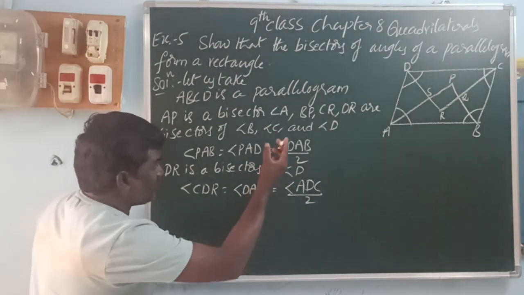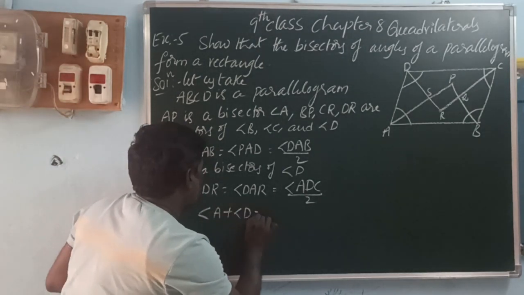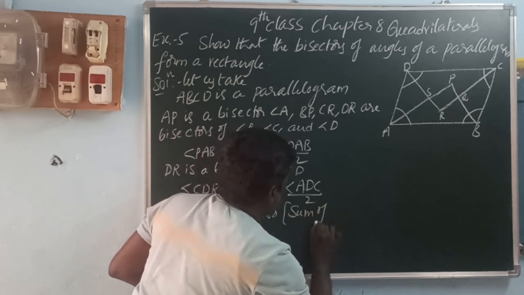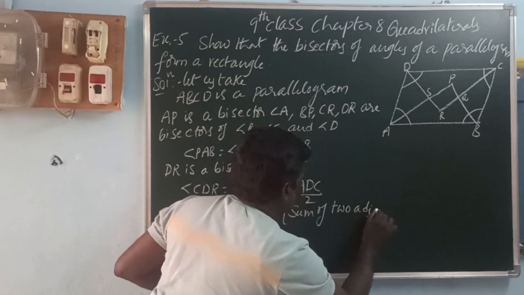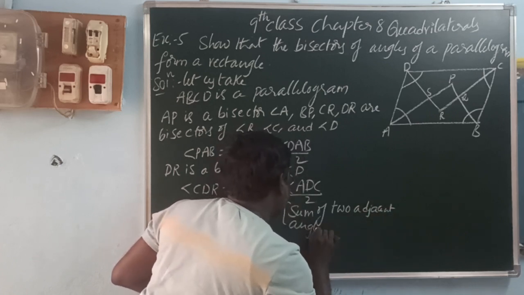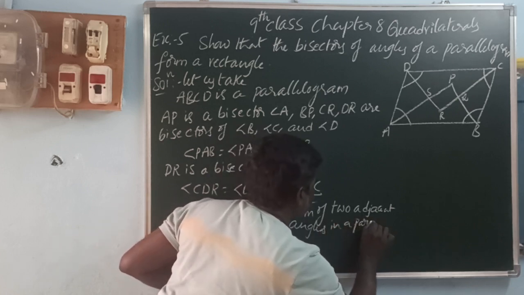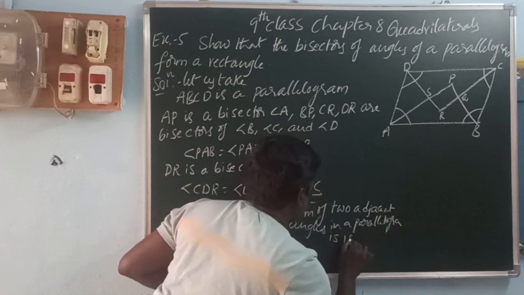Okay, here angle A plus angle B is equal to 180. Why? Because the sum of two adjacent angles in a parallelogram is 180.